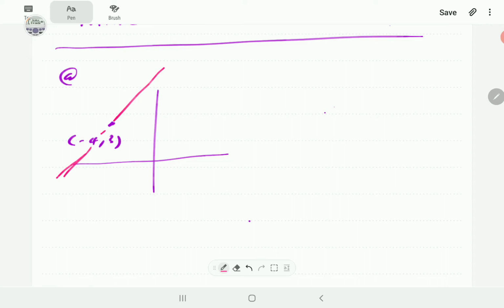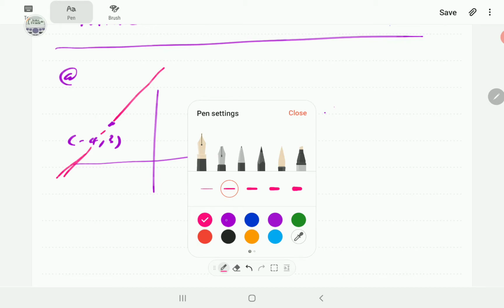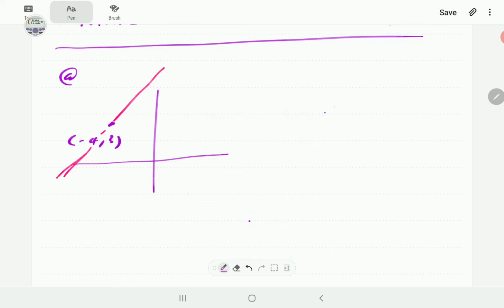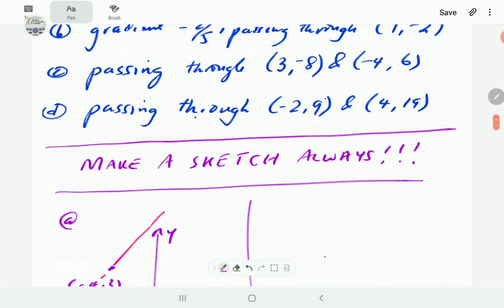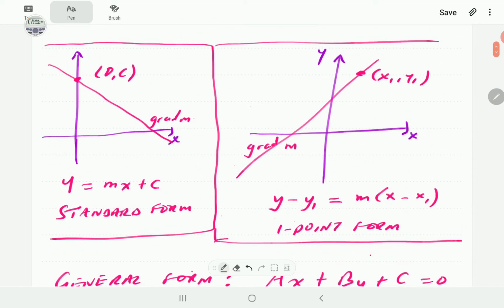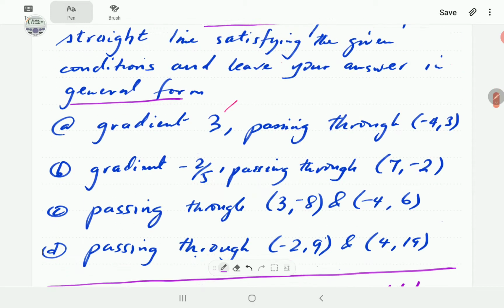But right now we need to find the equation. I'm going to show you two approaches of finding the equation. First, we're going to use the standard form of the equation of a straight line, which is this one here. Then we're going to use the 1-point form.